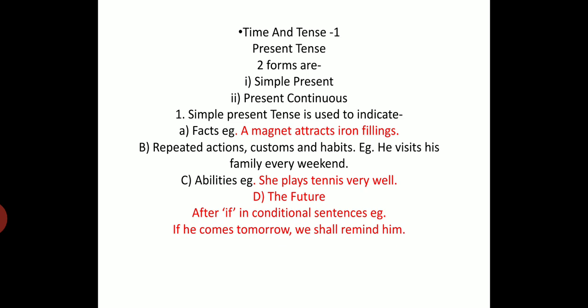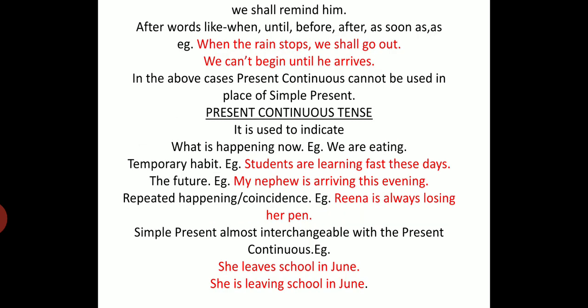Here you see, repeated action. He visits his family every weekend. So if it's a repeated action or a habit, then we use simple present. But if it's a temporary habit, children, please look carefully, then we say it in present continuous tense.